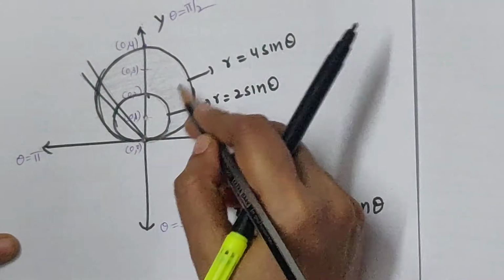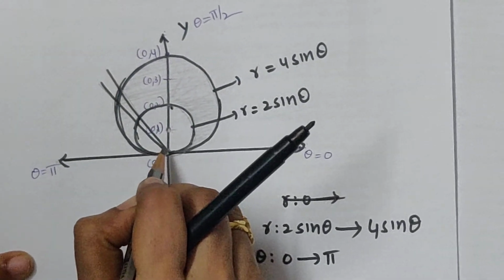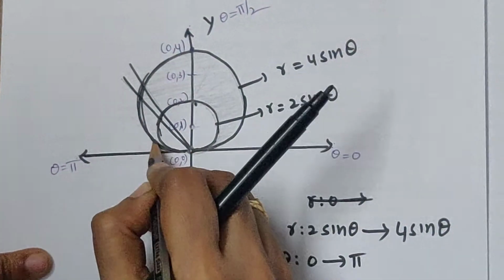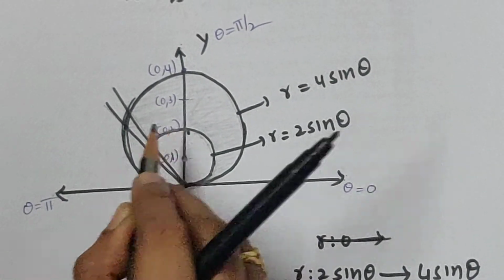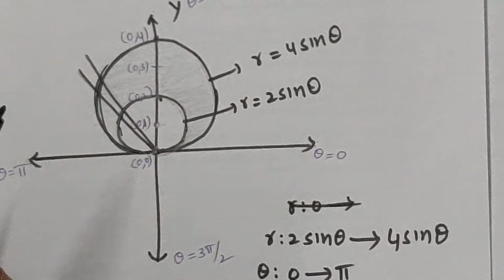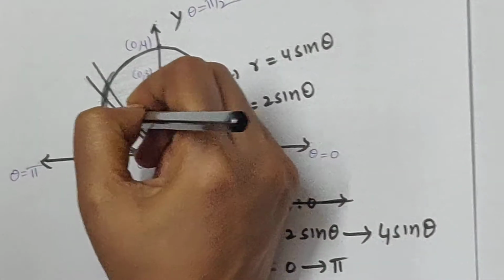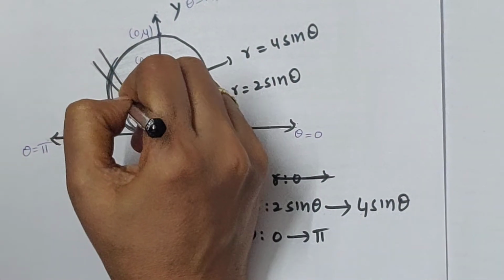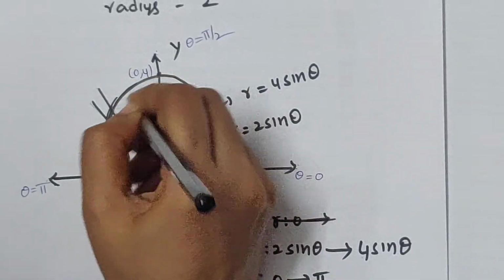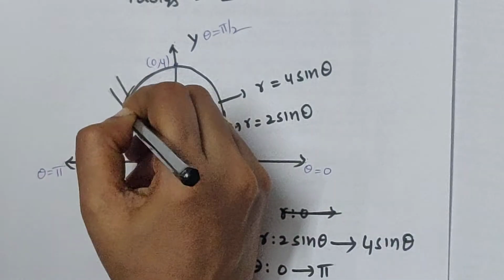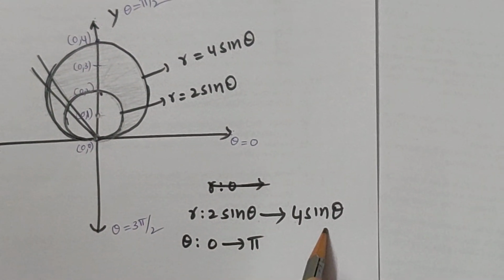Clearly, this radius vector enters the region at this boundary, r equal to 2 sin theta, so r limits are from 2 sin theta to, and the same radius vector exits the region at this boundary, whose equation is 4 sin theta, so it becomes the upper limit.